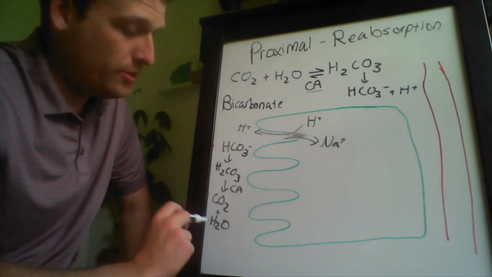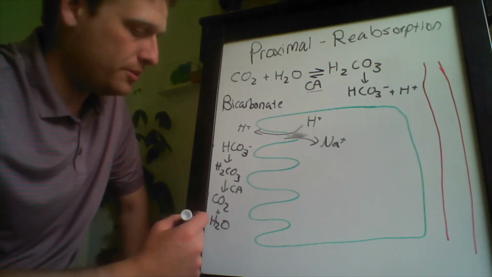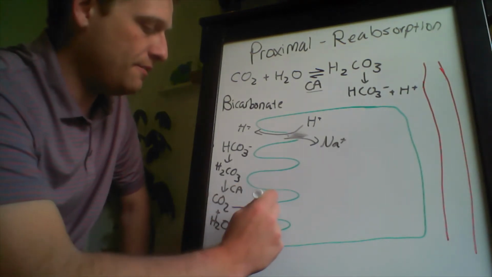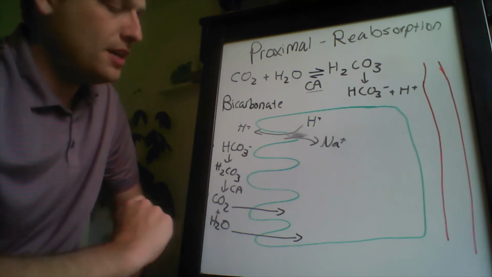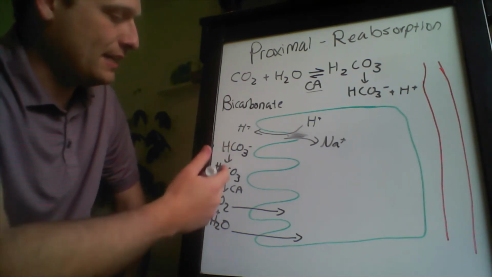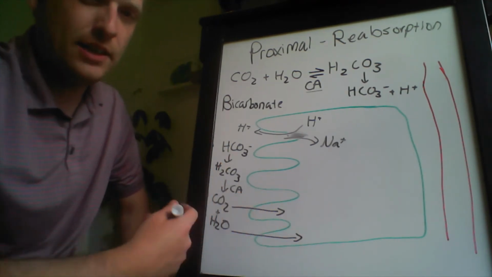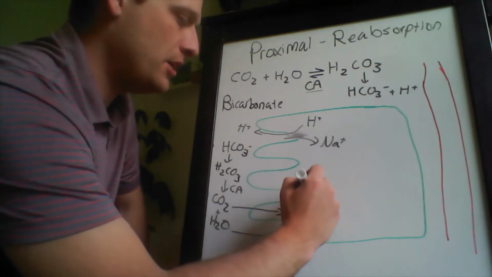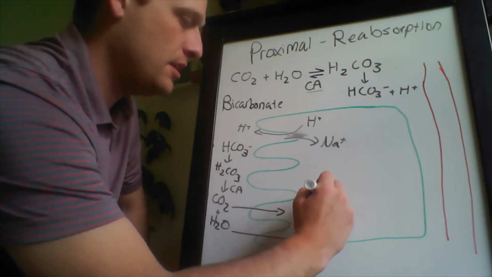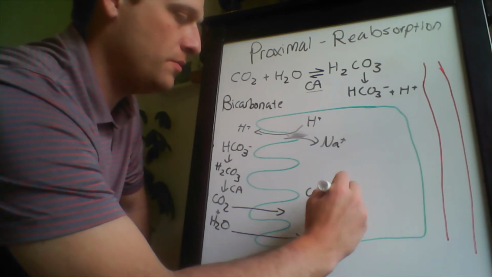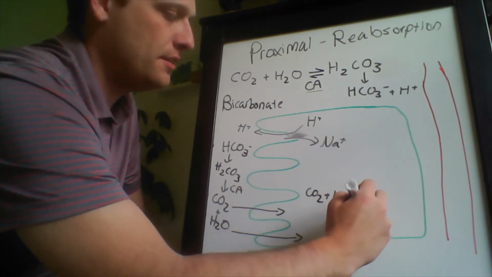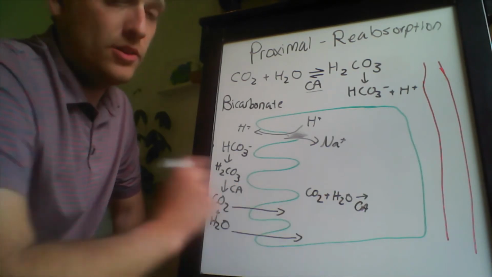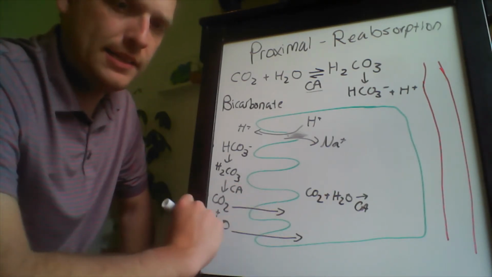Now once CO2 and H2O have been formed, those can diffuse into the cell. So now we've effectively taken these molecules and moved them into the cell, just in a different form. So now you have CO2 and H2O, and carbonic anhydrase is also going to be located inside these cells.